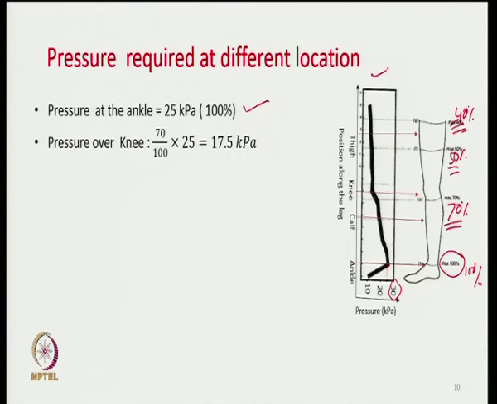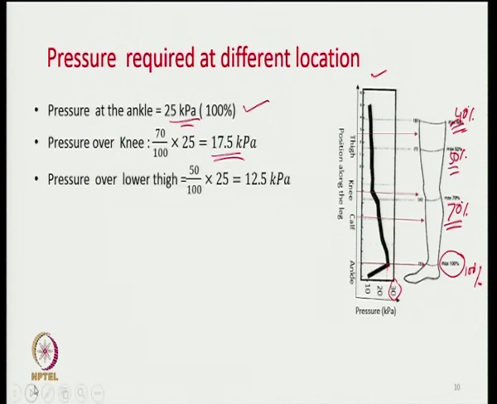So, if the pressure at the ankle is 25 kilopascal, pressure over the knee region is going to be 70% of this. So, it is going to be 17.5 kilopascal, and lower thigh region it is going to be around 12.5, it is 50%, and then upper thigh region is going to be 40%.